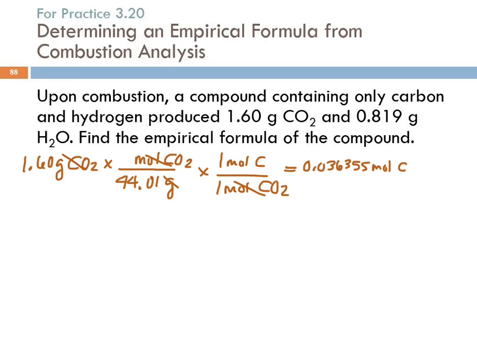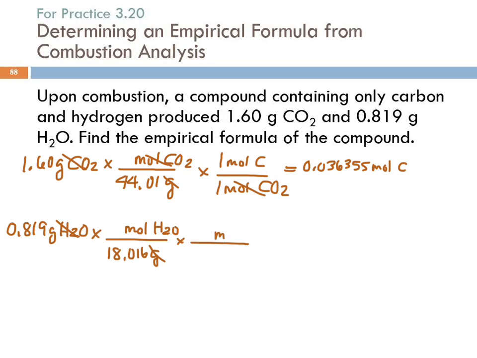And then we need to find hydrogen. So we've got 0.819 grams of water. And we need to find first the moles of water. So we'll divide by the molar mass of water. And then we need to find moles of hydrogen.